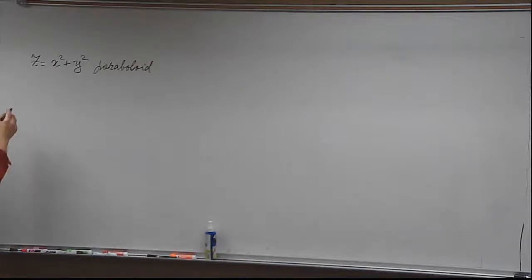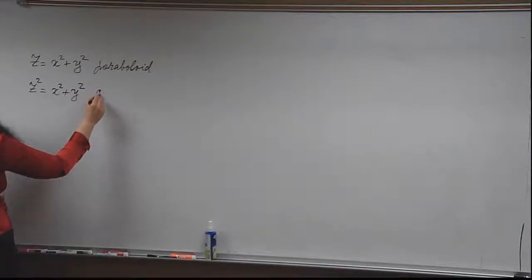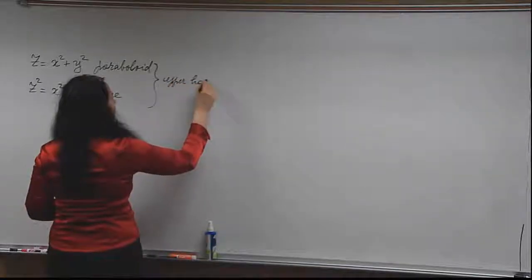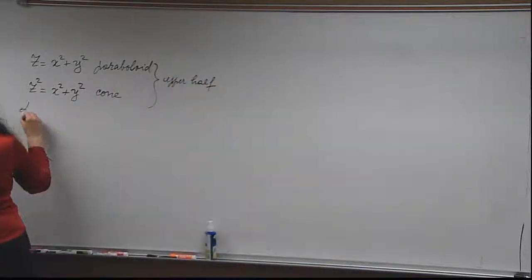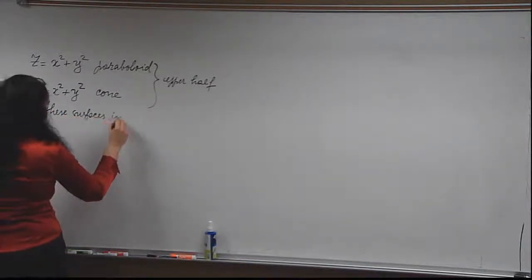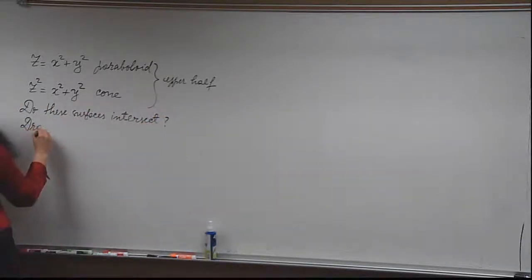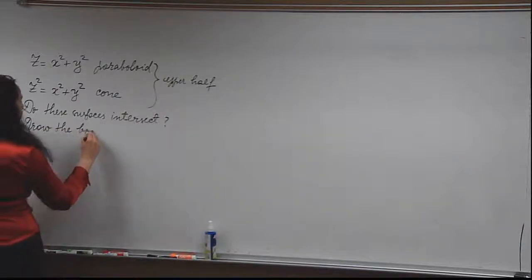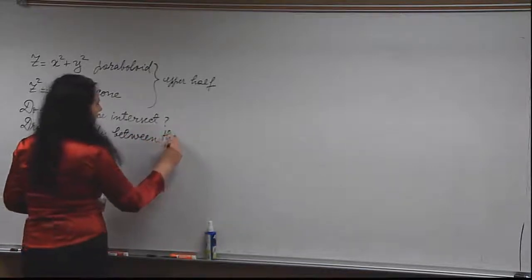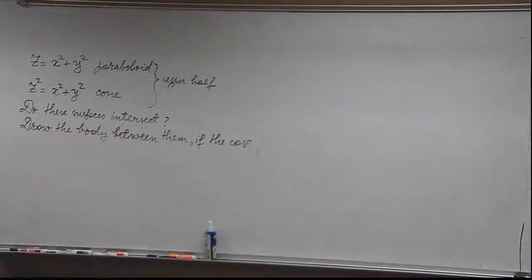So I suspect that his instructor came up with this problem. This is a cone. We only look at the upper halves. Do these surfaces intersect? Draw the body between them if the case. And compute the volume of that body.